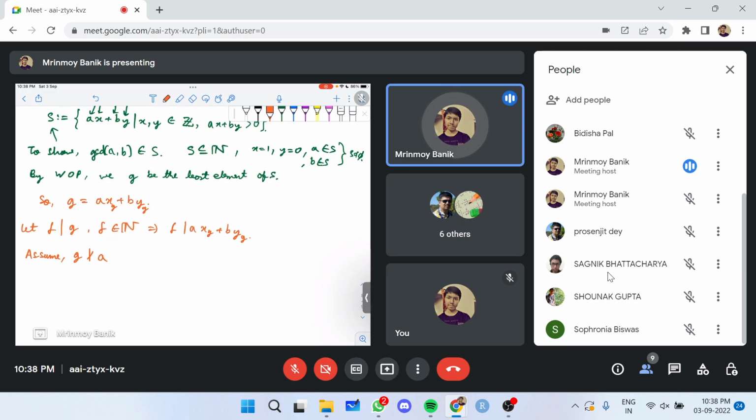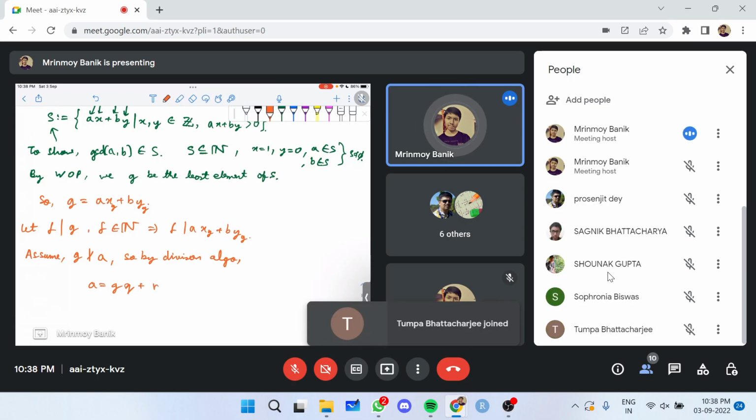So now we can use the division algorithm. Assume G doesn't divide a, so by the division algorithm, we have a equals G q plus r.